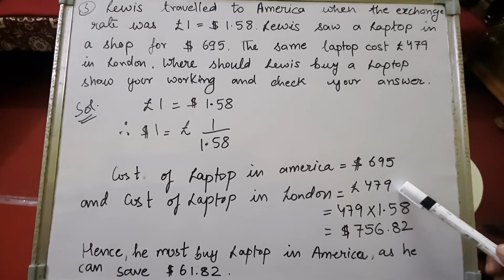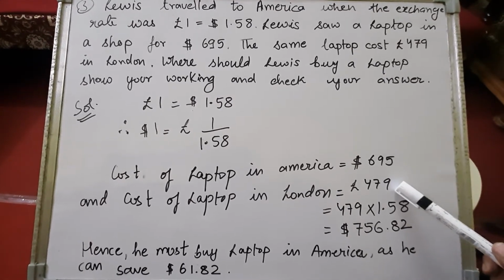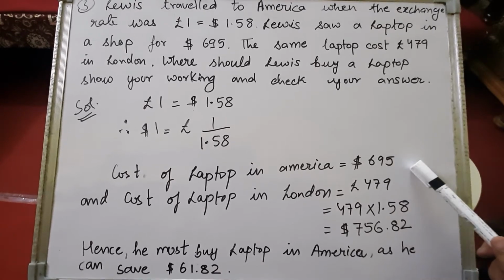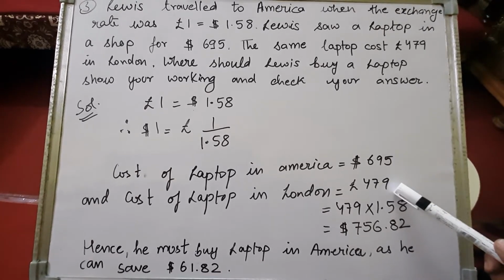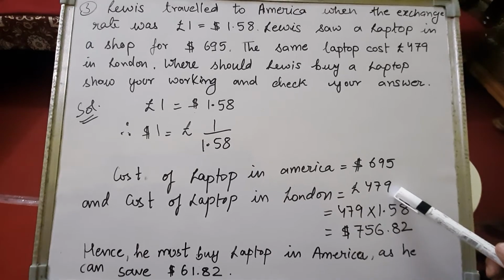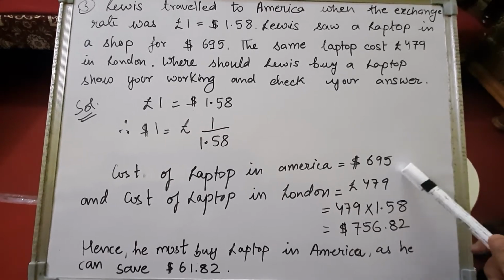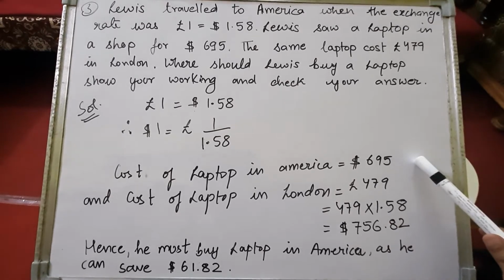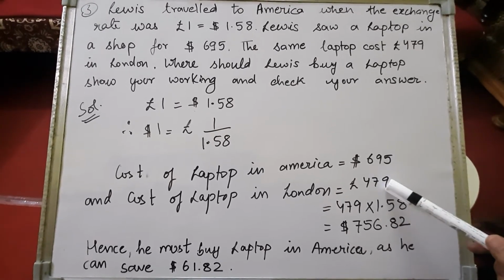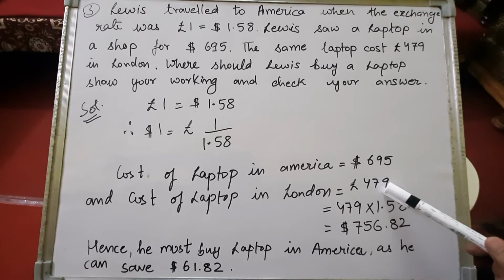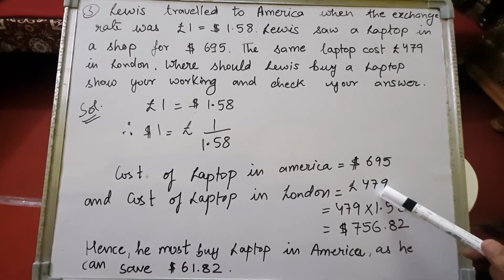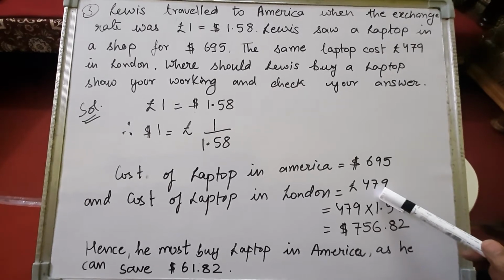And cost of the laptop in London is 479 pound sterling. Now this cost is given in dollars and this cost is given in pound sterling, right? So we have to convert any one of the costs. Either we convert this into pound sterling, so then we can compare, or we can convert the cost in London, that is 479 pound sterling, into American dollars.